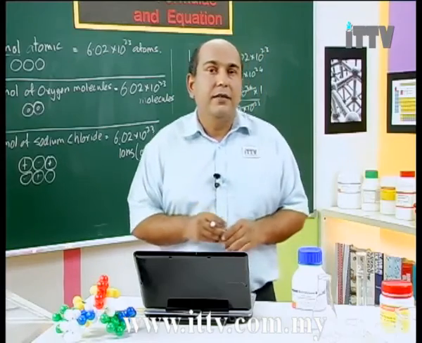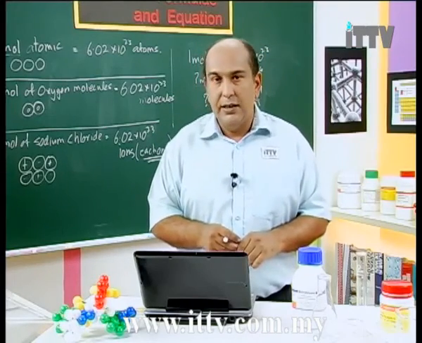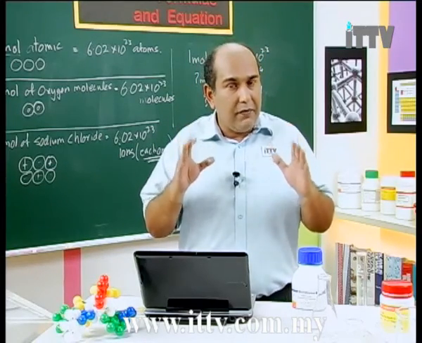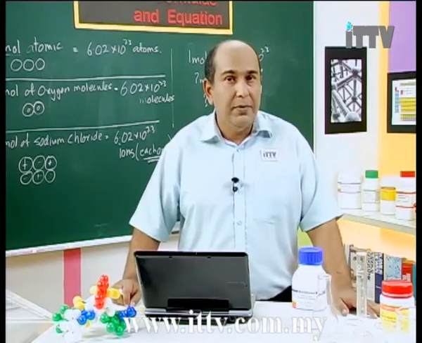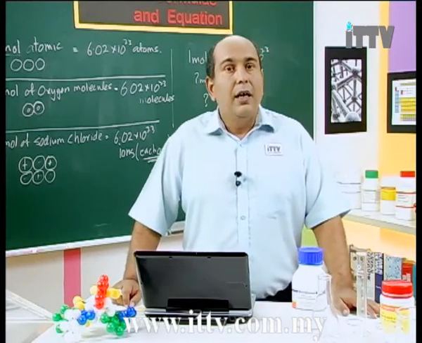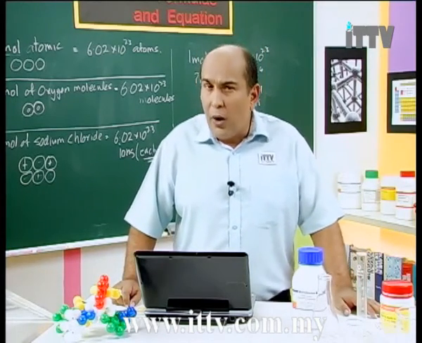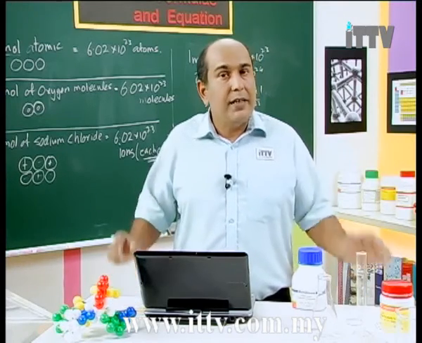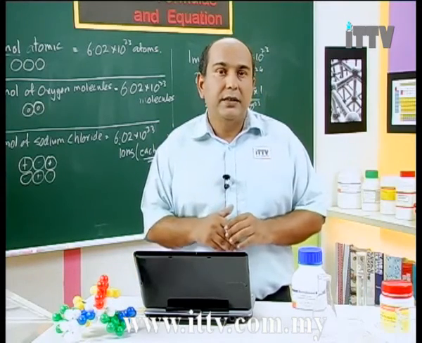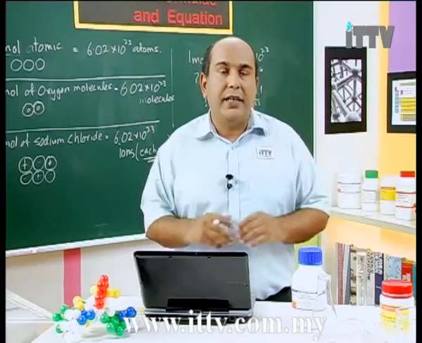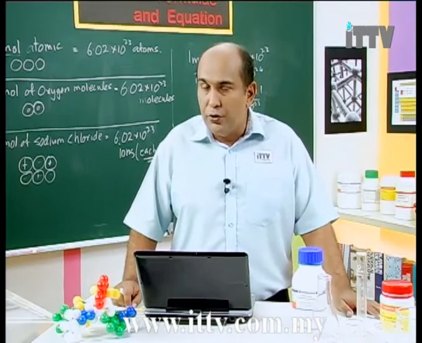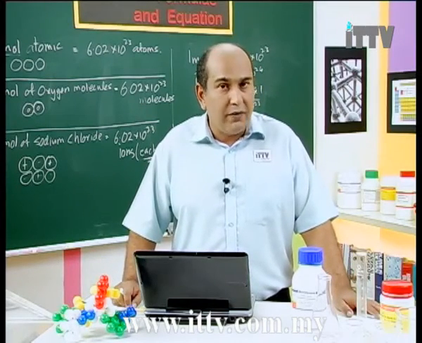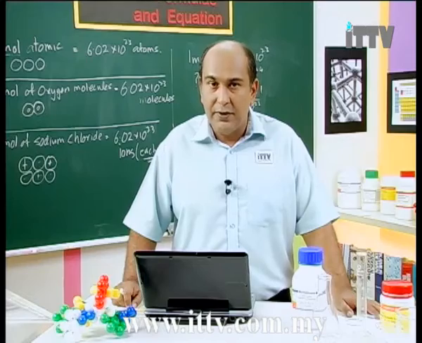The first thing, relative atomic mass. This is the average mass of an atom, of an element, divided by 1/12 of a carbon-12 atom. Then the relative molecular mass, whereby we are doing the same thing. The average mass of a molecule divided by 1/12 of the mass of carbon-12.